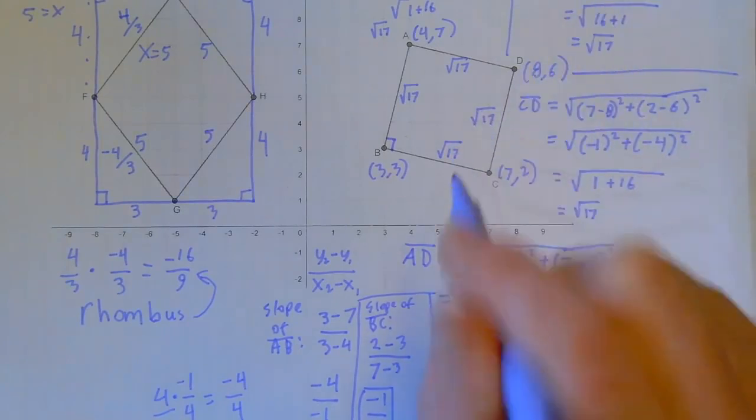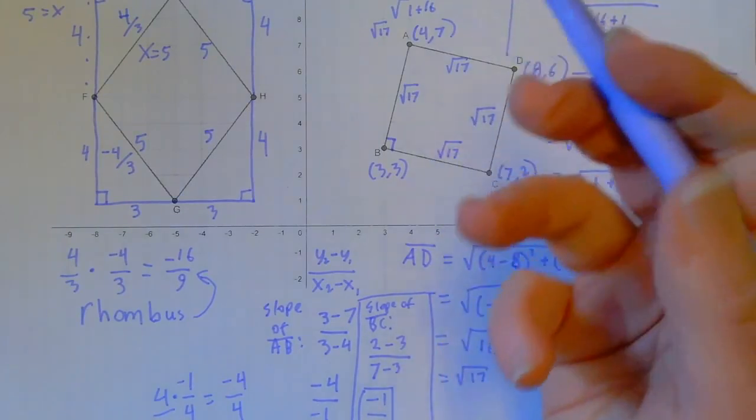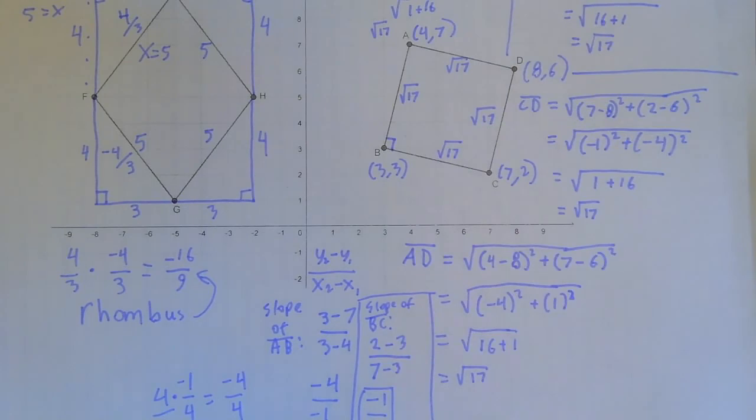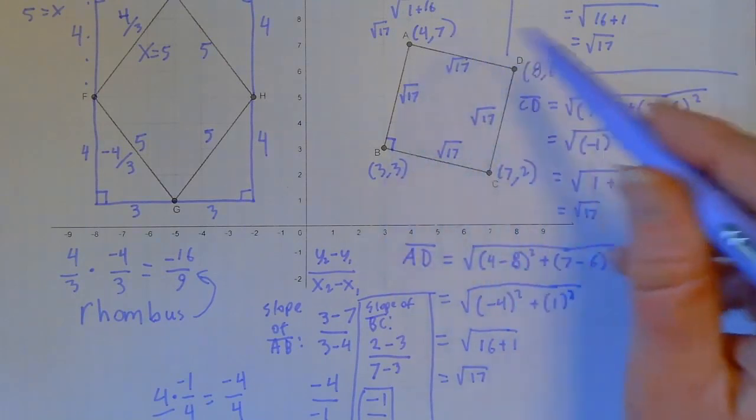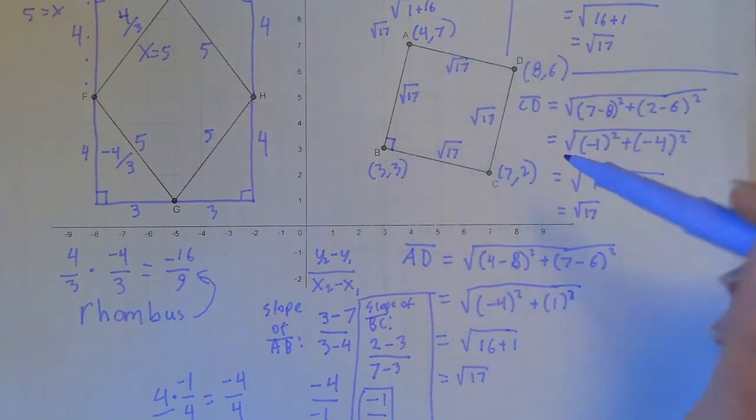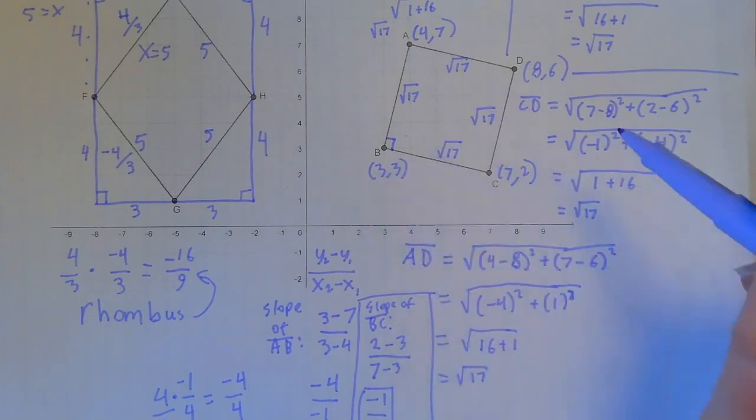Is that enough information? Well, it depends on how comfortable you are with all of the various facts about quadrilaterals. So it is enough information. There's no other way we could do it at this point as long as all of these are the same, which we've already checked, and one of them is a right angle. That's all we need.